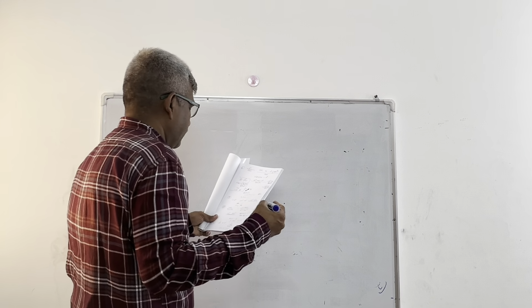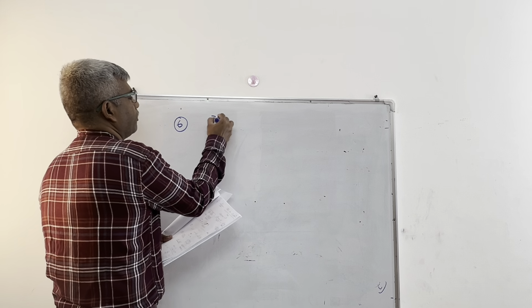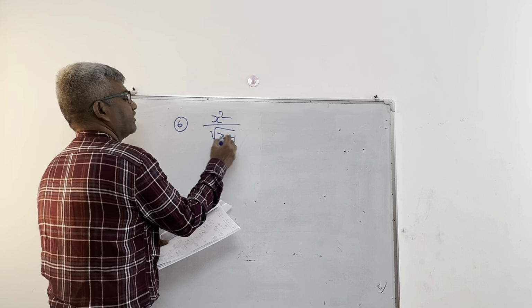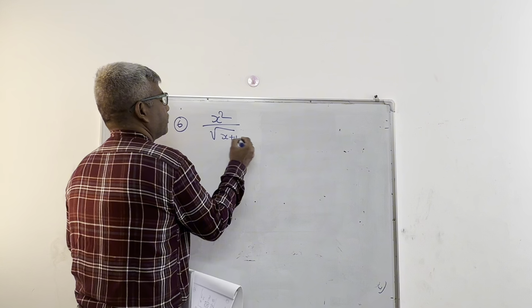Okay, now question number 6: x squared over square root of x plus 1. Quotient rule.